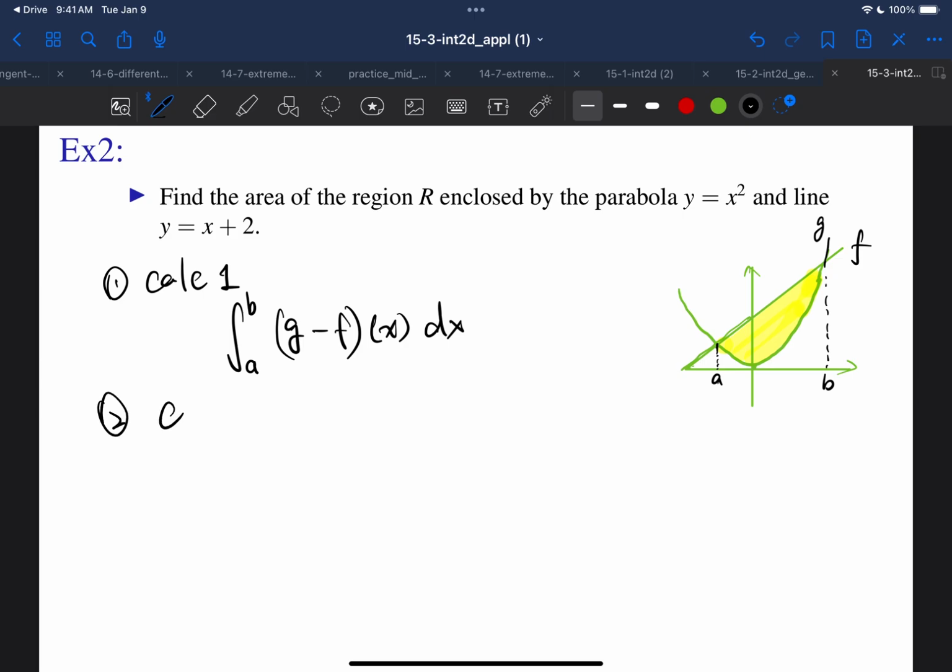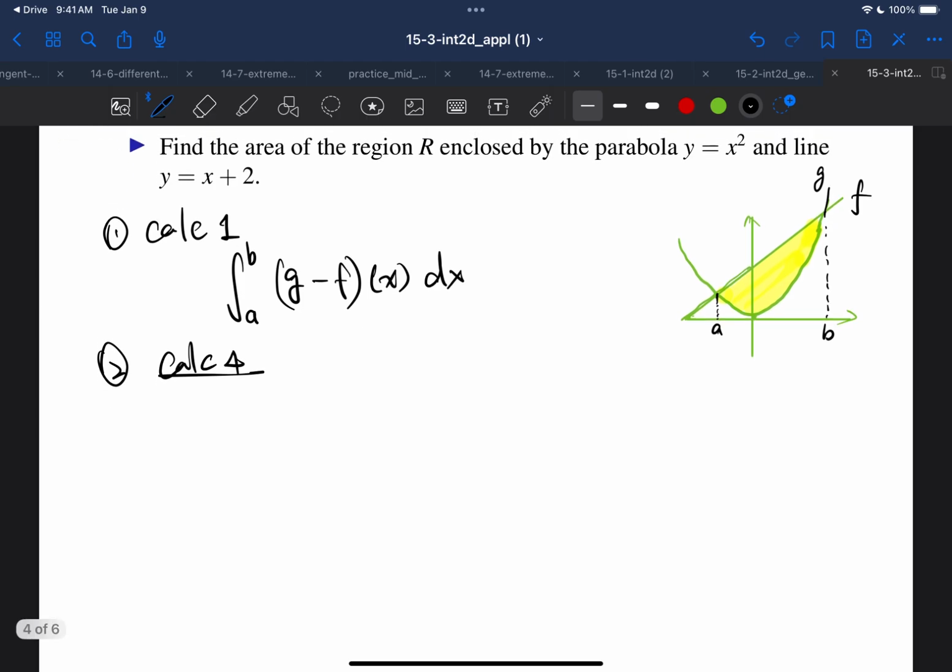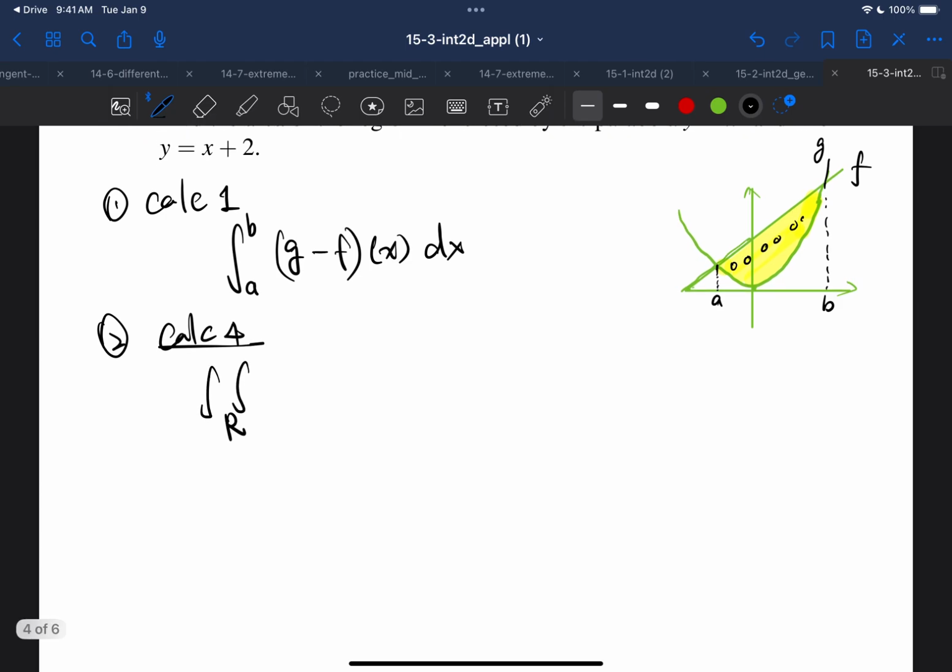Now we're going to do the calc 4 approach, by the concept we're given. So we're placing coins with face value 1, then it's going to be the double integral over R, which I call the region, of 1 dA. From the shape, it's not convenient to go horizontal.